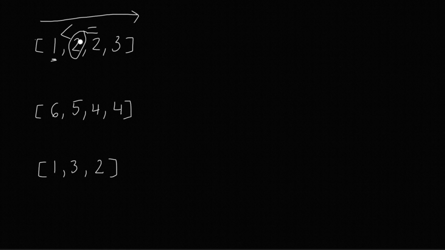For example, here 2 is greater than 1, then moving to the third position, 2 is equal to 2, but not less than. Now we have 3, which is greater than 2. So in this array, the numbers are constantly increasing. This means that this array is monotone increasing.